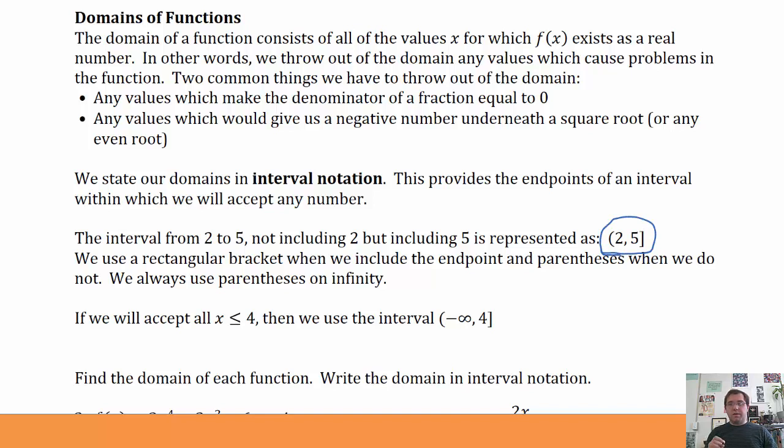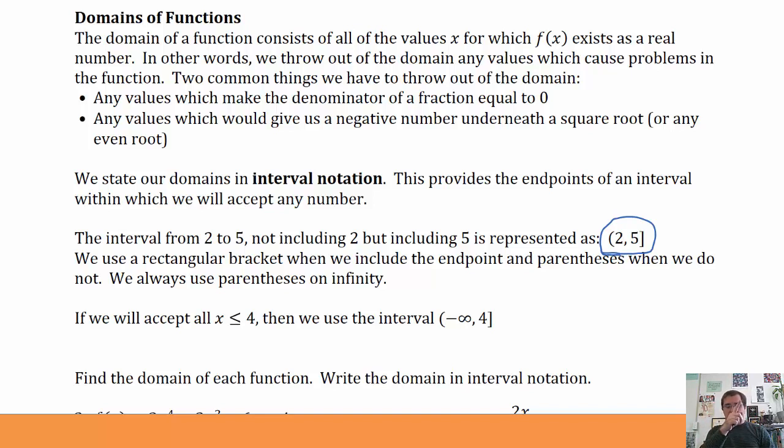Parentheses 2, comma 5 with a rectangular bracket around the 5. That means our endpoints are 2 and 5, so anything between 2 and 5 works. So 2.1, 2.2, 3, 4, 4.99999, all that works. So does 5. That's what the rectangular bracket around it represents. But 2 itself does not work.